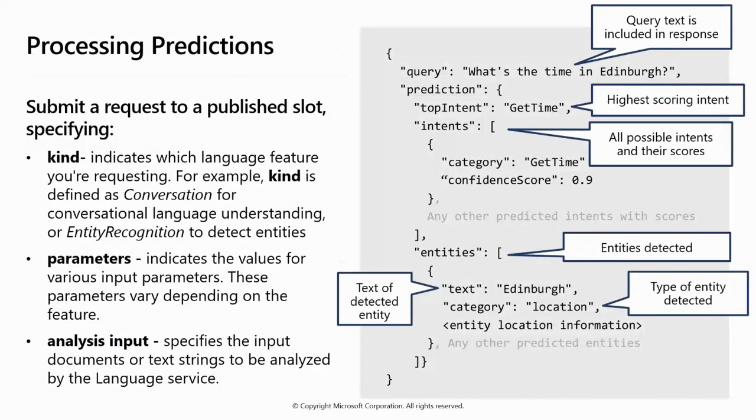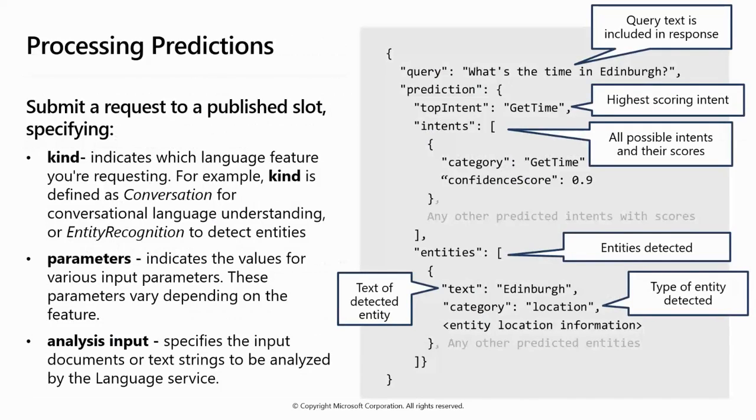Okay? So the results of prediction are a hierarchy of information that your app needs to figure out. The results are in JSON format when you use the REST interface. SDKs show the results as a hierarchy of objects based on the JSON.